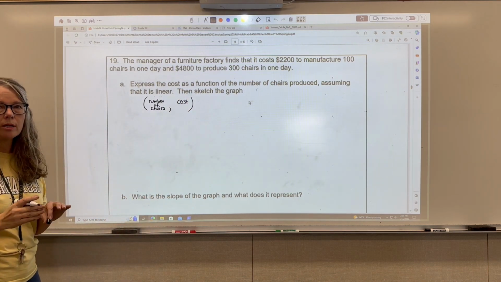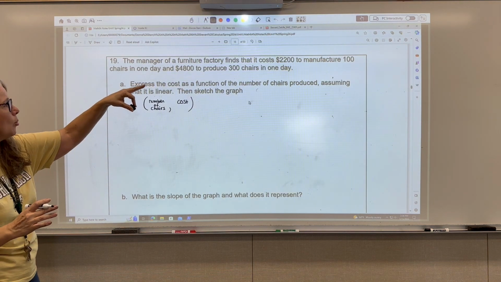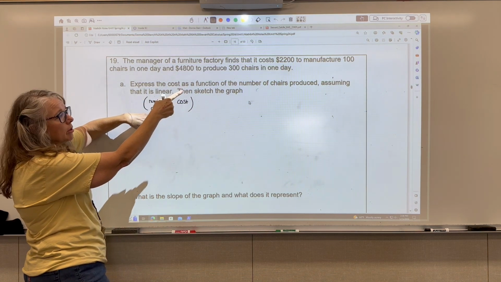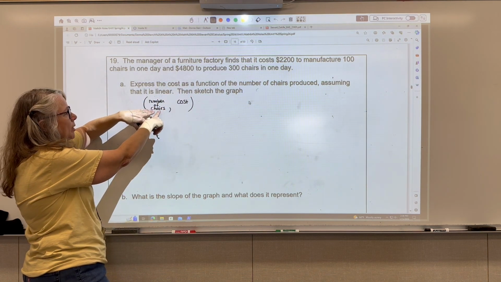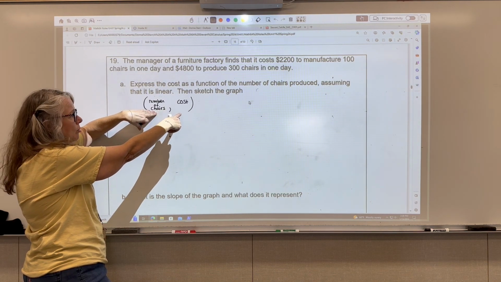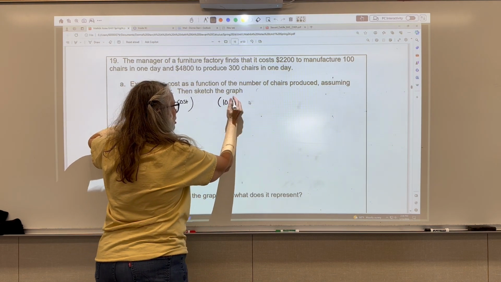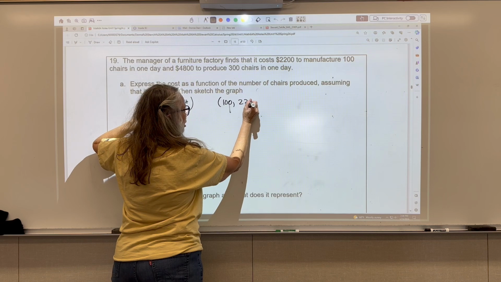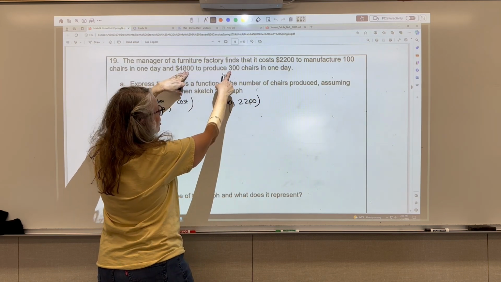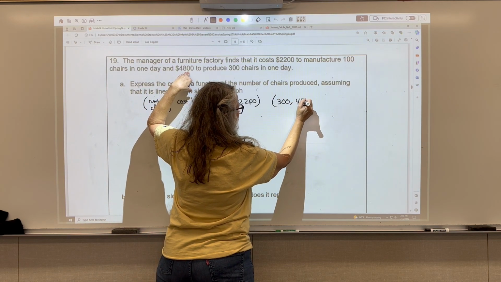That's what they're wanting us to do as our ordered pairs. So when they made 100 chairs, that cost them $220. So we have this 100, 220, and we also had 300 and 4,800, right?